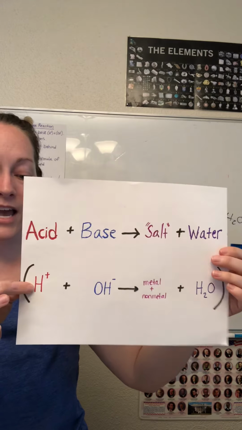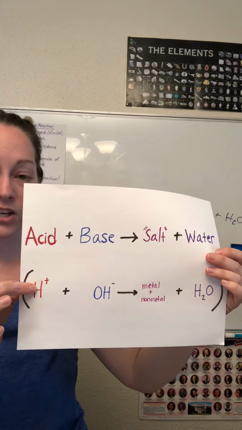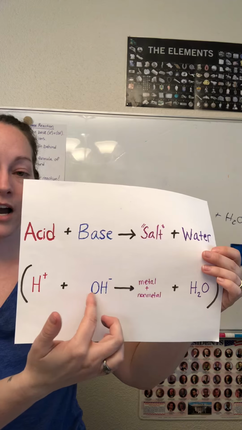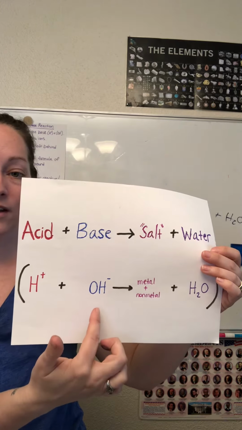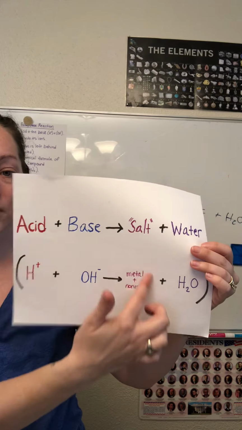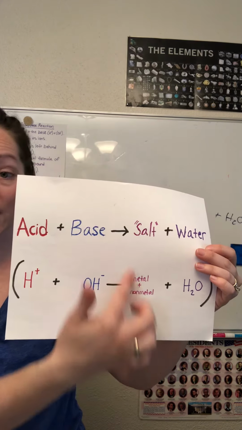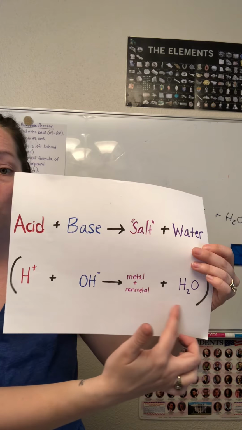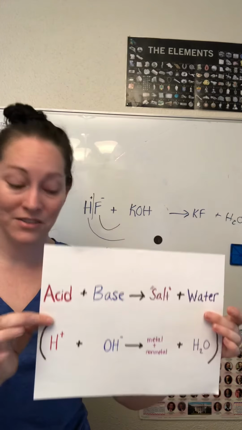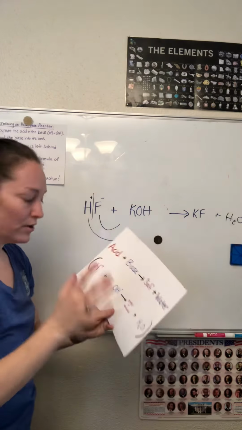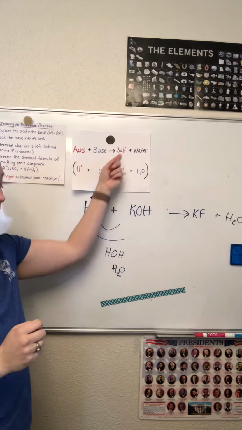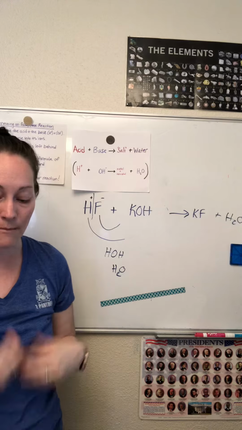An acid is anything that has an H plus that it's going to give, and a base is typically that hydroxide, the OH negative, that's going to accept it, and it's going to form a substance, a salt, which is a metal plus a nonmetal, any metal plus a nonmetal, and water. So this is the outcome of most acid-base reactions. Not everything follows this format where it has an ionic compound as an outcome, but most do.